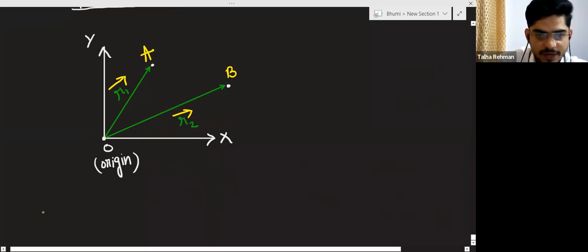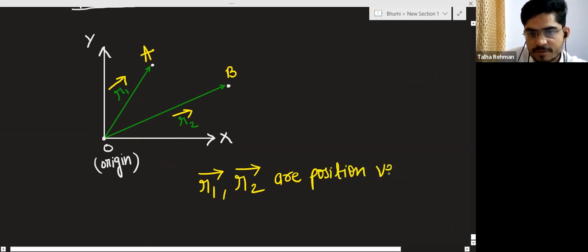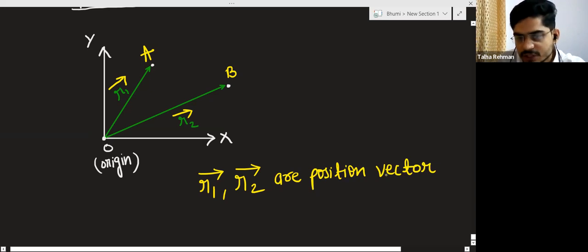So I can write R1 vector, R2 vector are position vectors. Earlier it was position, and now this is vector.